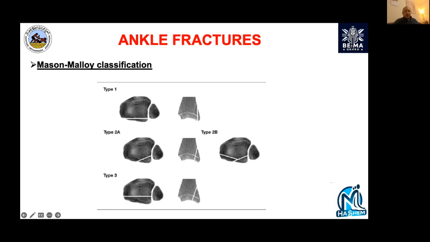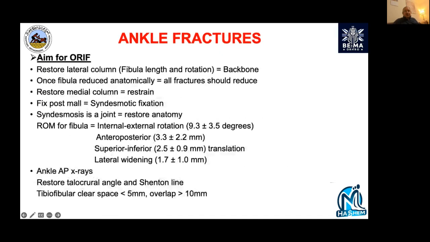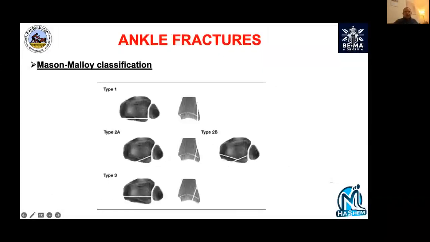Then Mason and Molloy from Liverpool looked very specifically into this and classified into 3 types. Type 1 is an avulsion from the back, and this is with the syndesmotic injury.